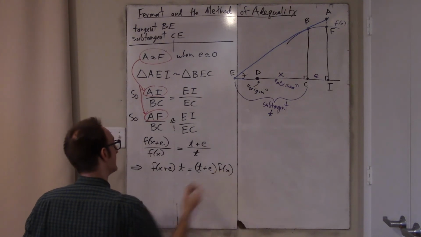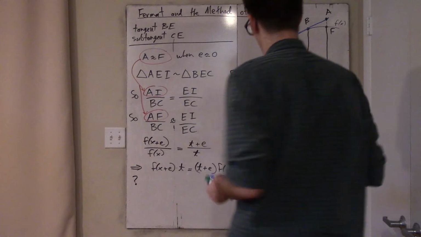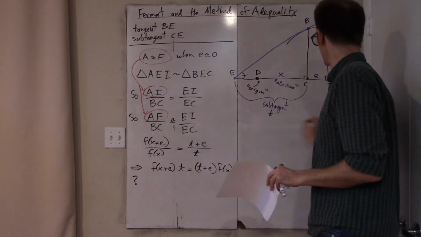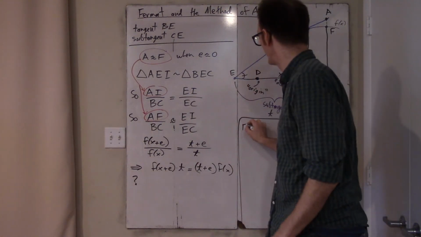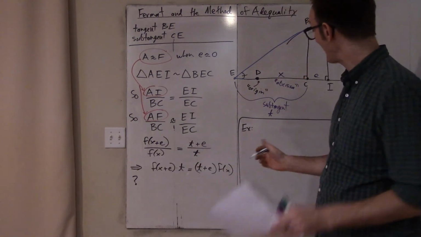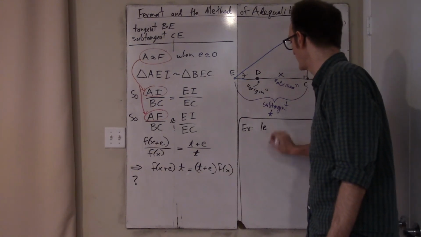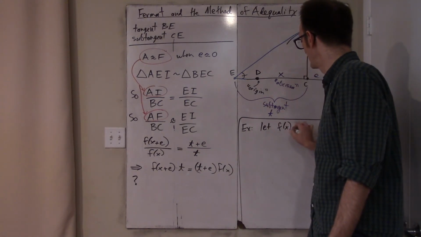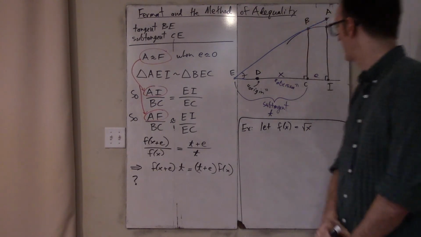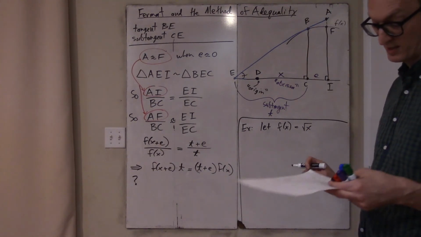Okay, and so you might be thinking, what's going on here? What can I be doing with this? Well, all right, let's take a particular example. So, example, for our purposes, let our function be like root x. So let f of x be root x. Okay. Great. Then what does this tell me?